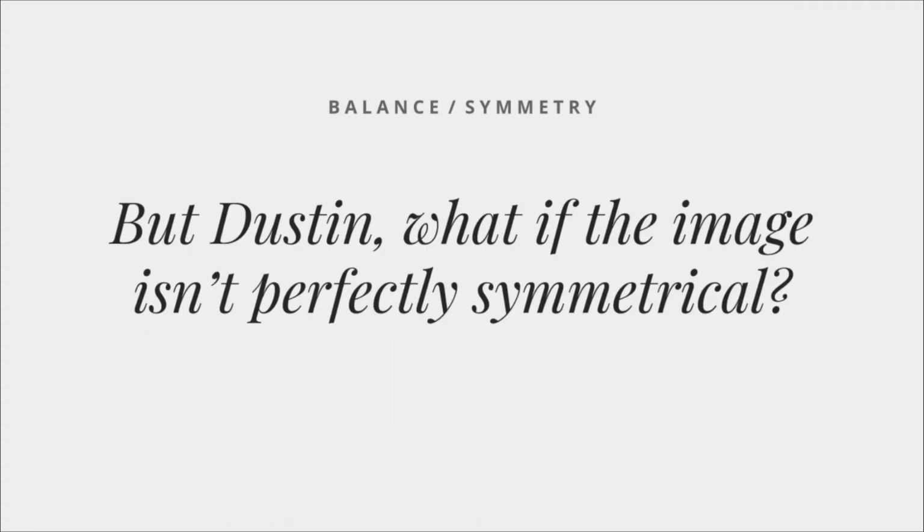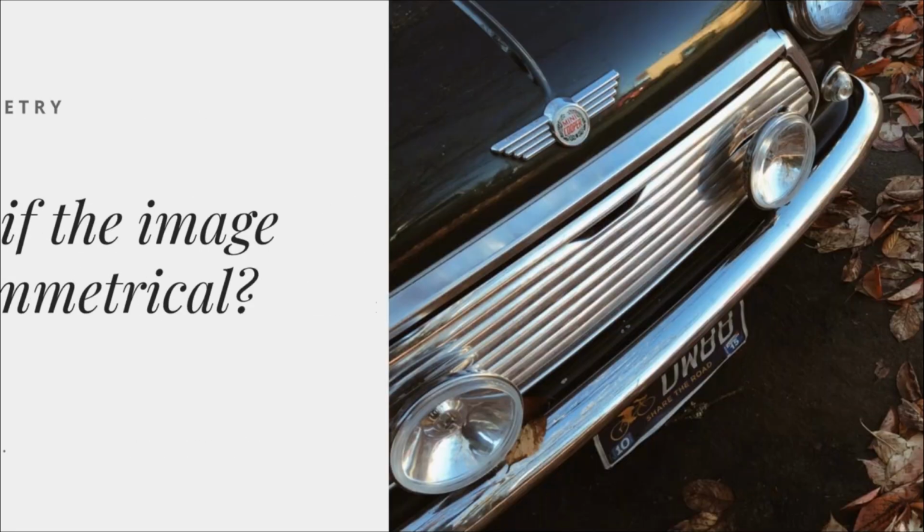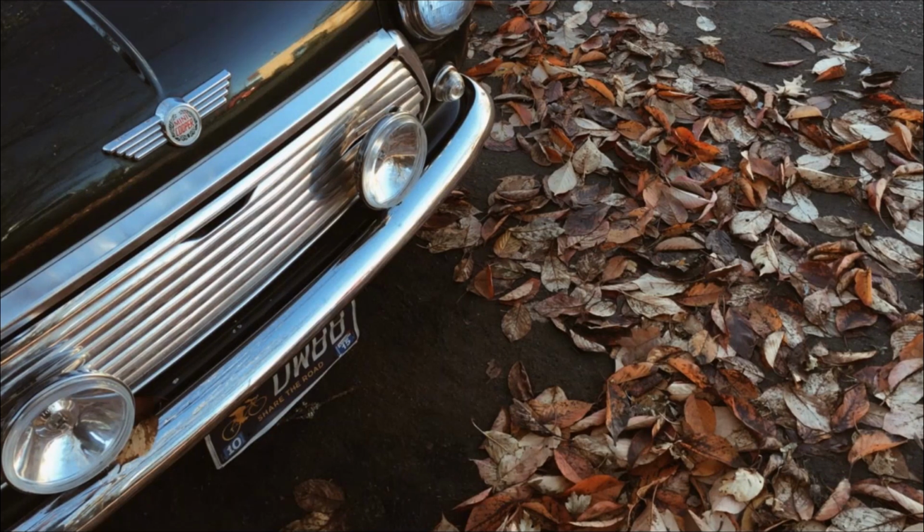So I know what you're thinking, but Dustin, what if the image isn't perfectly symmetrical? Most images and photographs are not. I hear you, and I'm very glad you asked. So let's take this photograph as an example. Now, it's what we would consider asymmetrical, where the left and the right and the top and the bottom is not anywhere close to the same.